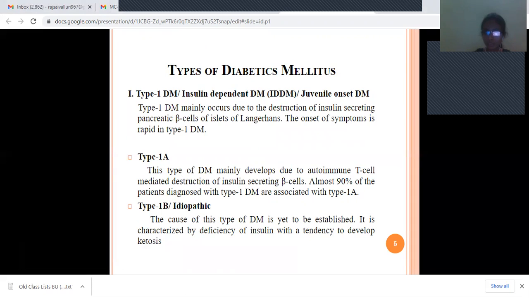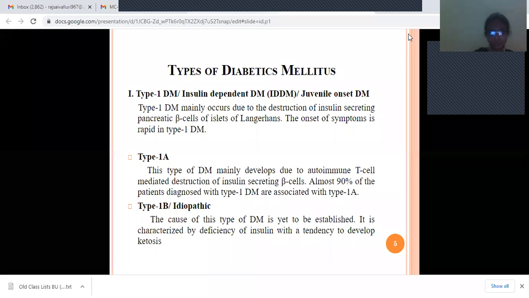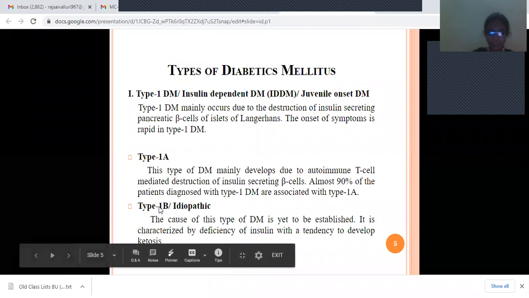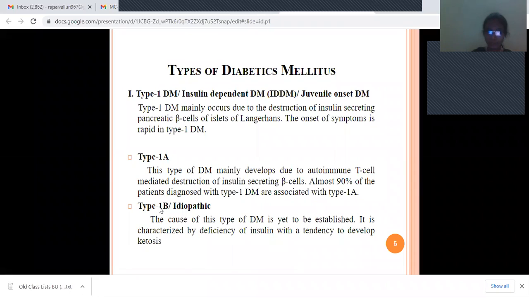The onset of symptoms is rapid in type 1. Type 1 is again subdivided into type 1A and 1B. These come under type 1 diabetes mellitus. Let's discuss type 1A.